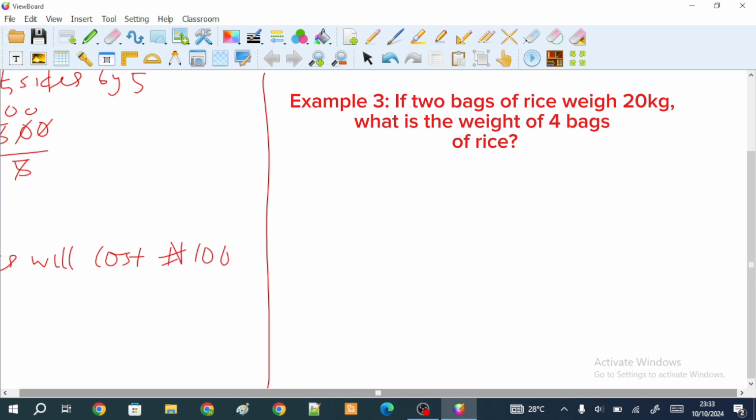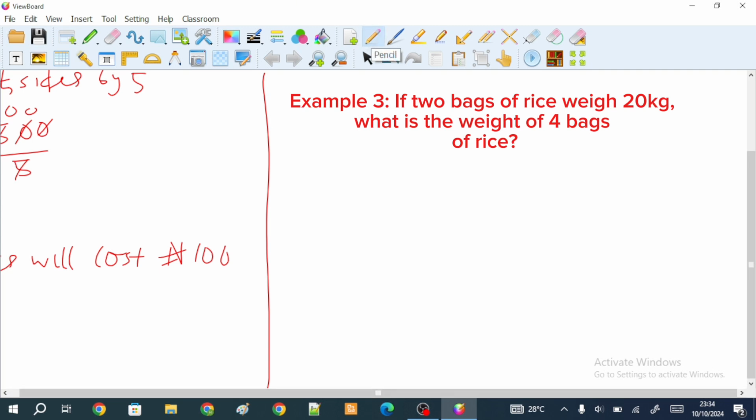If 2 bags of rice is weighing 20 kg, it means that the weight of 4 bags of rice will be higher. Remember, from 2 we have 20. If 2 increases to 4, the weight will also increase. So this is a direct proportion. Whenever you're given a question, make sure you know if it is a direct proportion or indirect proportion.